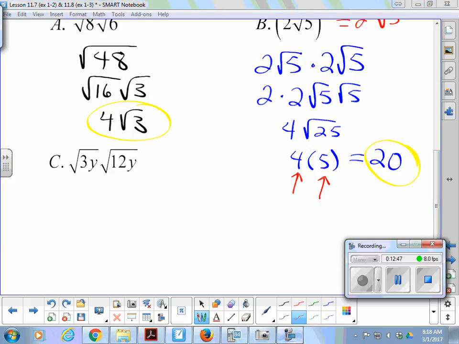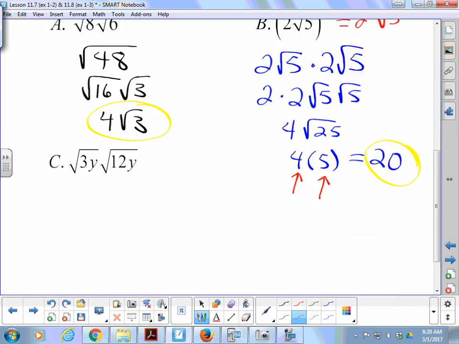So if there's anything that's under the radical in that multiplication, I can multiply them together. So we multiply these two together. We get the square root of 36, 3 times 12. Y times y is y squared. So if you need to, you could pull that apart. Square root of 36, square root of y squared.